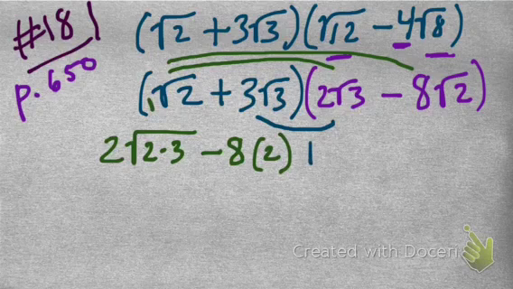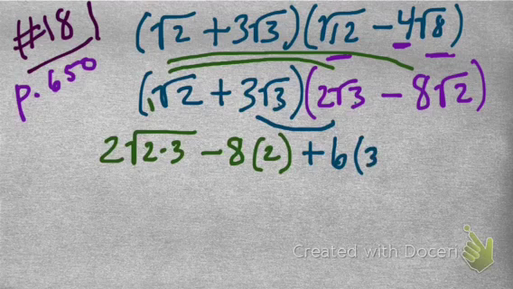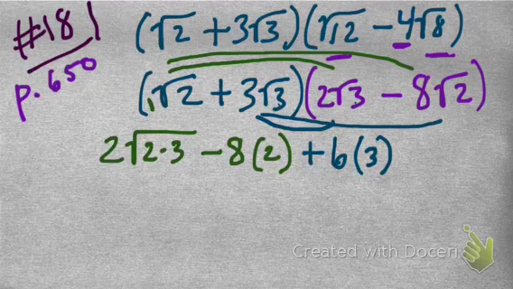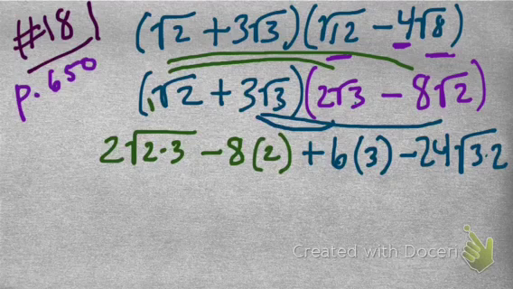He multiplies in, and I get 3 times 2 is 6. And rad 3 times rad 3, well, that's just 3, because it's rad 9. And then to the last term, get negative 24, rad of a 3 times a 2. Alright, there's my 4 multiplications made.